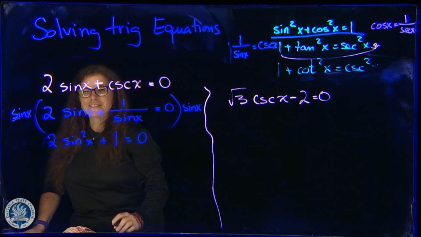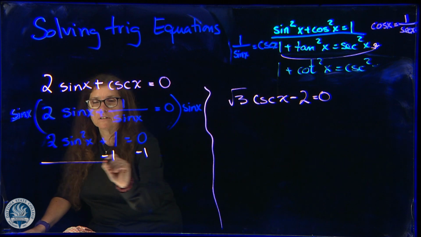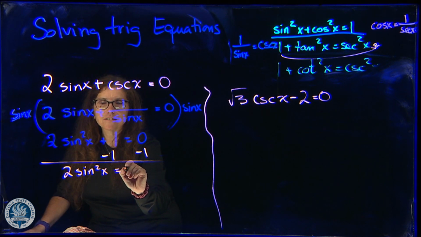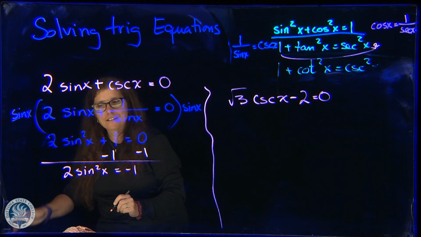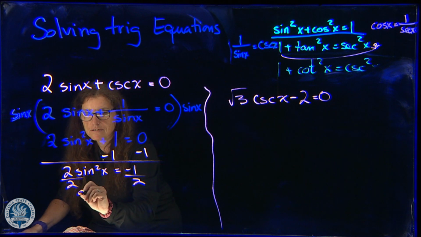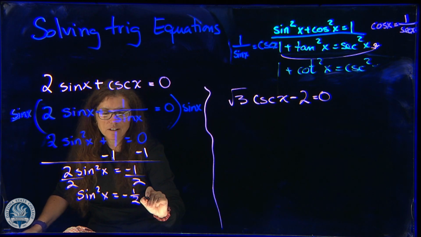So I need to isolate the sine squared of x by subtracting 1 from either side. 2 sine squared of x is negative 1. And then divide by 2. Sine squared of x equals negative 1/2.